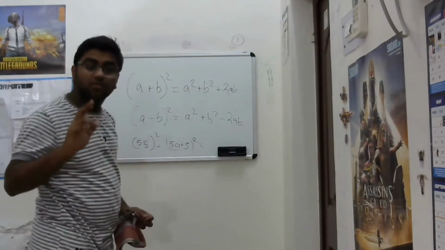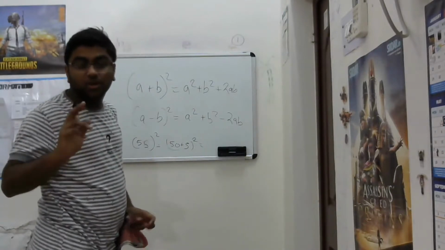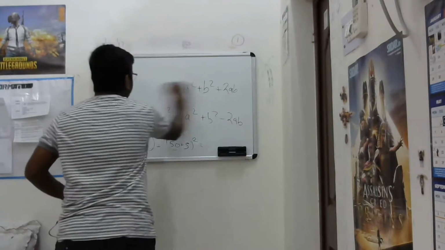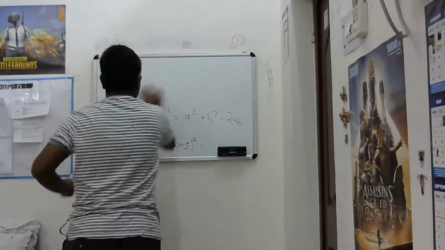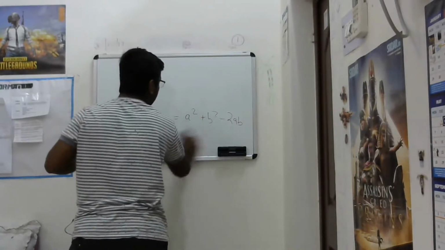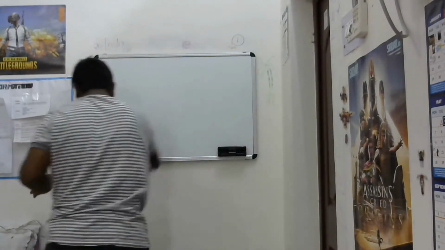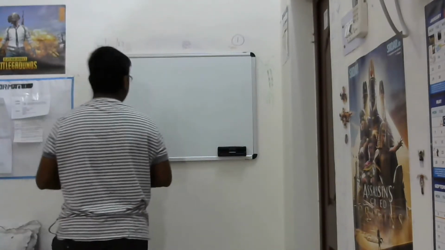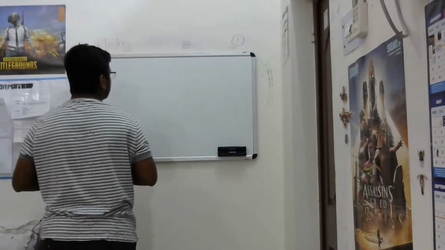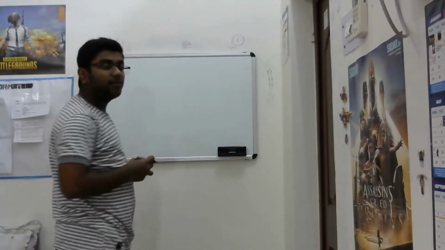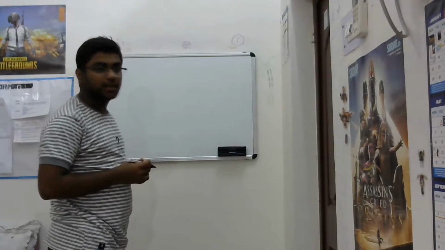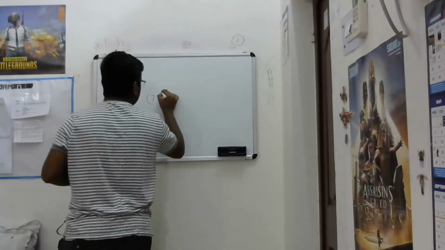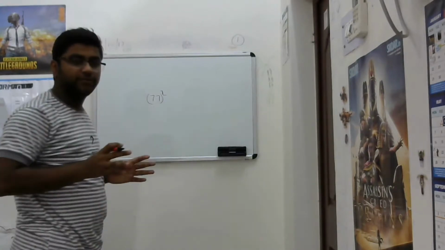But there is even simpler way to calculate the squares of different numbers. So let me tell you how to square any number way more easily. Okay, I have to square, let's say, 77. I just don't know what the value will be.